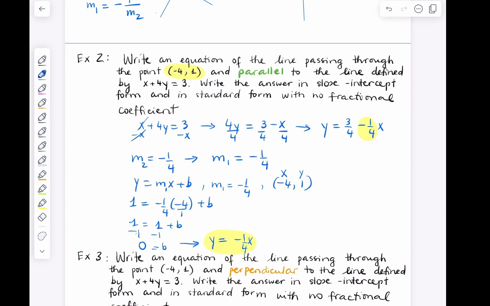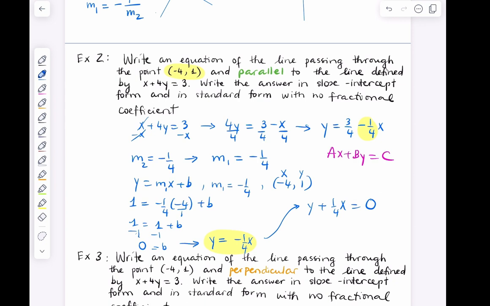Now, how do we convert it to the standard form with no fractional coefficient? So the standard form is ax plus by is equal to c, where x and y must be on the same side of the equation. So what we want to do is add 1/4 x to both sides to move 1/4 x to the left side. So the right side would be 0.